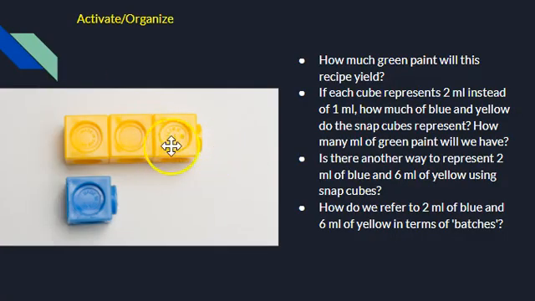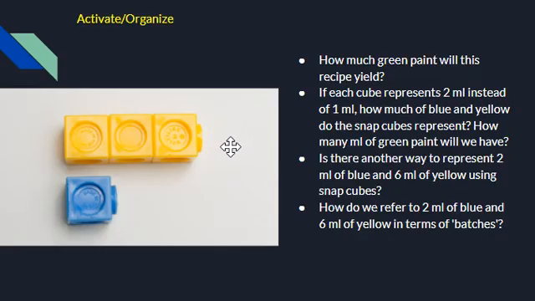Okay, so to kind of help us visualize this, I've got 3 yellow cubes and 1 blue. Okay, and this would be, let's say this is the same portion as what we talked about with colors before, to make green.